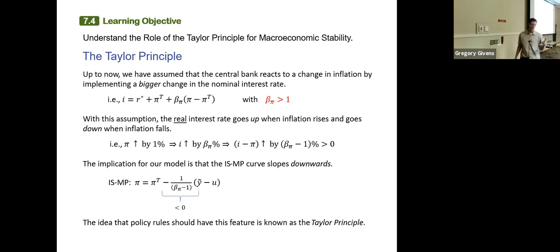Okay, now here's what I want to think about for the bulk of the rest of the class today. What I want to do now is consider what happens in our new Keynesian model to the economy or to macroeconomic stability in general if the central bank implements a policy rule that fails to satisfy the Taylor principle.